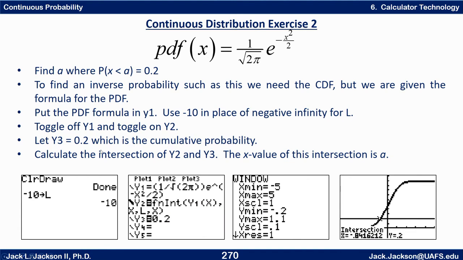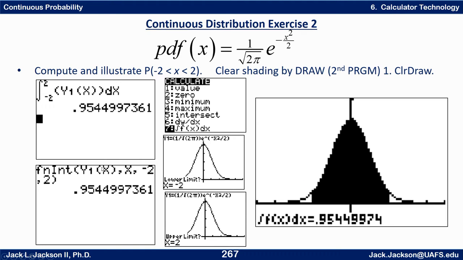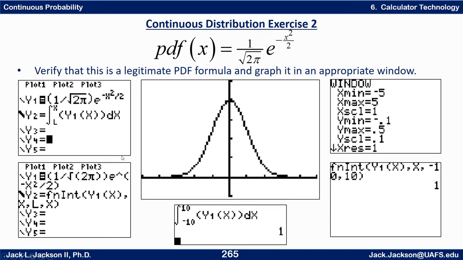Okay, well, what you do is you have this set up as function integrate y1 of x from L to x, or on the newer operating system, it's set up as an integral. I think we actually saw that picture earlier. Yeah, here it is right there.